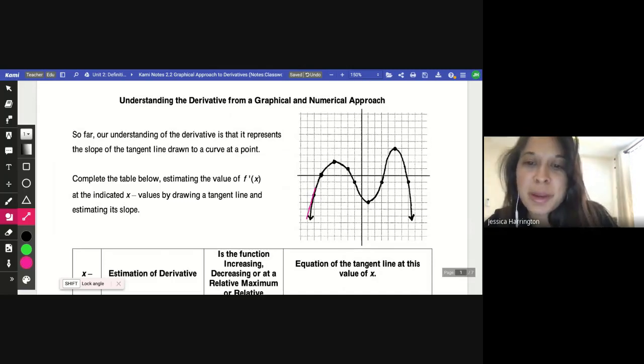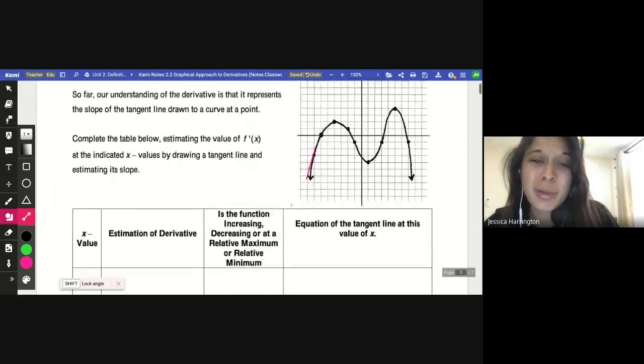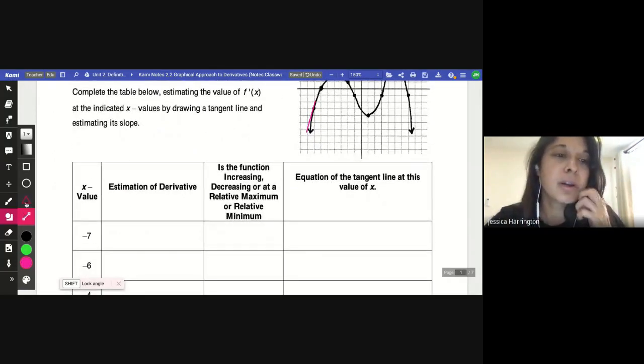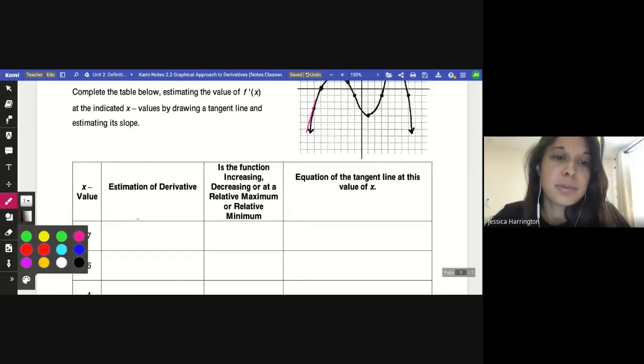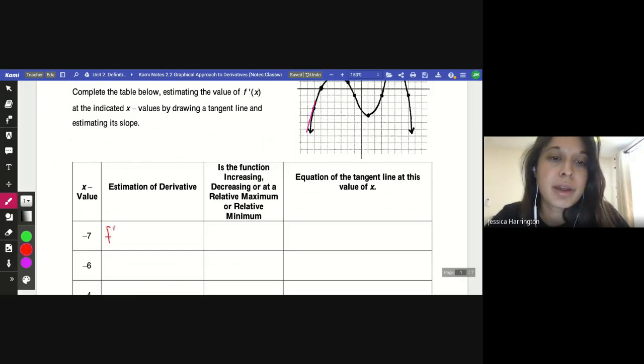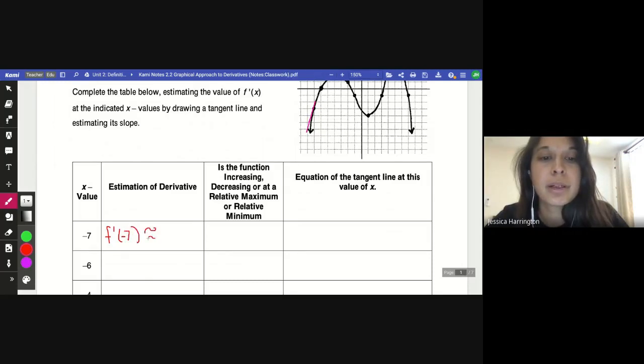It's a positive slope, right? And maybe up 1, 2, 3, 4 over 1. So it's around 4. So what I could put here in my box is that f prime of -7 is about 4. It's approximately 4, I'm estimating.